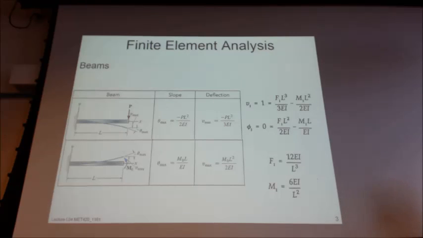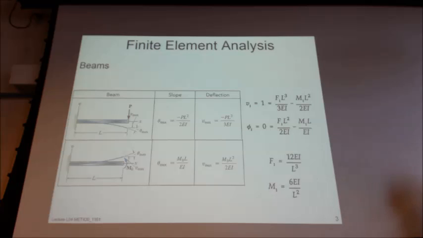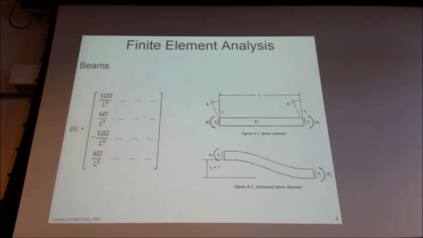And we can use superposition to determine what our deflections are going to be and solve for our F, for our force, and for our M, or F is going to be our deflection, and M is going to be our moment. So we'll end up with, they'll reduce down to those two equations, plug those into our matrix, and it'll look something like that, right? So we've got our first column of our stiffness matrix determined.